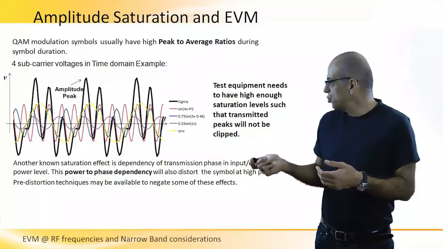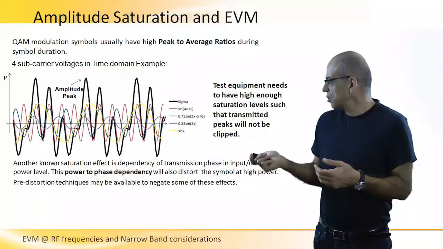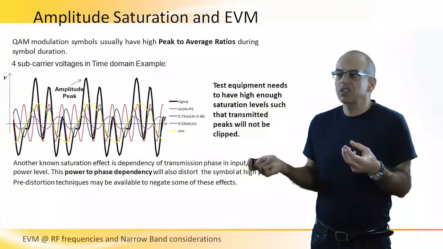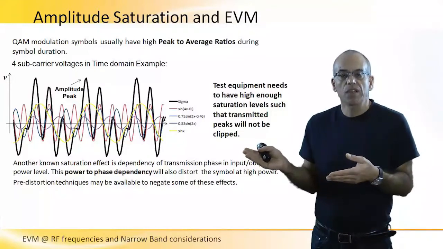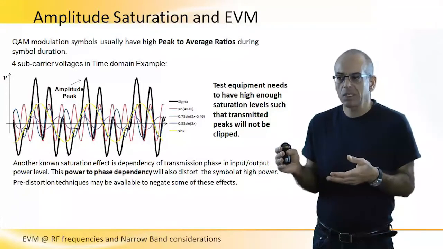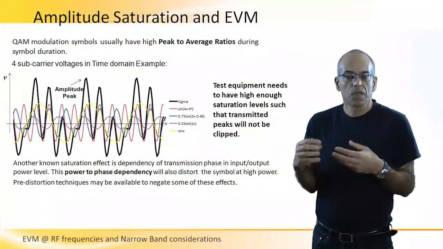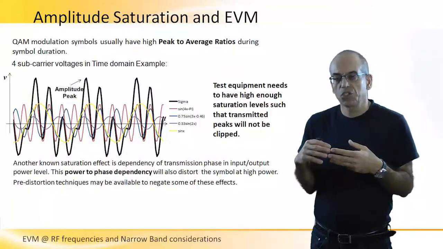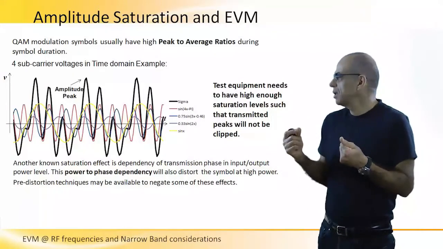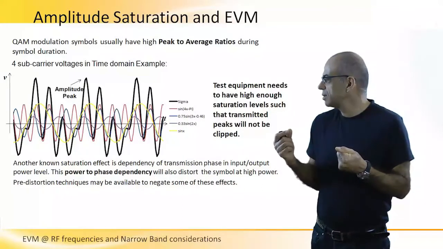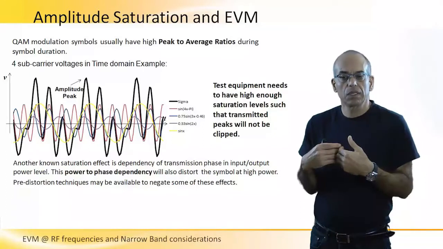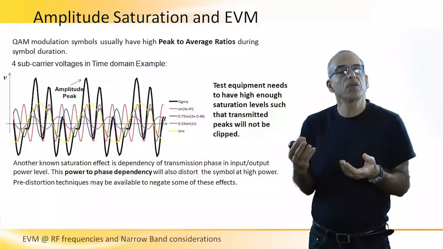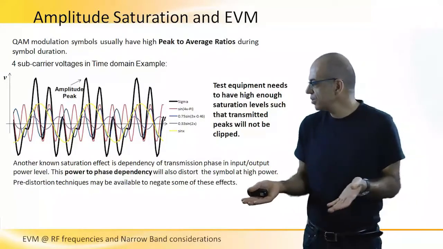Of course, to include all the symbol information, we must transmit the peaks without any clipping, without any way of shaping them. Okay, and again, if we try to do that, we have to design very linear circuitry.